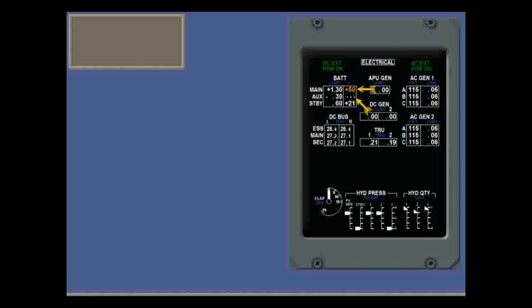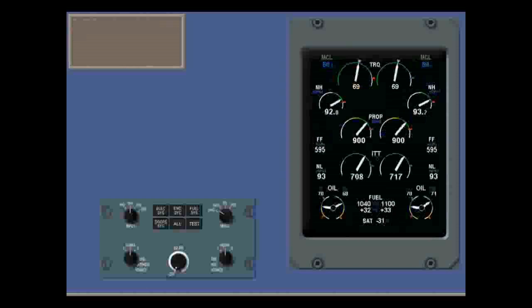Note that battery temperature is the only color change on the MFD electrical system page. Note also that, like all other systems, the electrical system page is not displayed automatically if there is an abnormal electrical condition. That's what the crew alerting system is for. You have to select it to see what's happening.